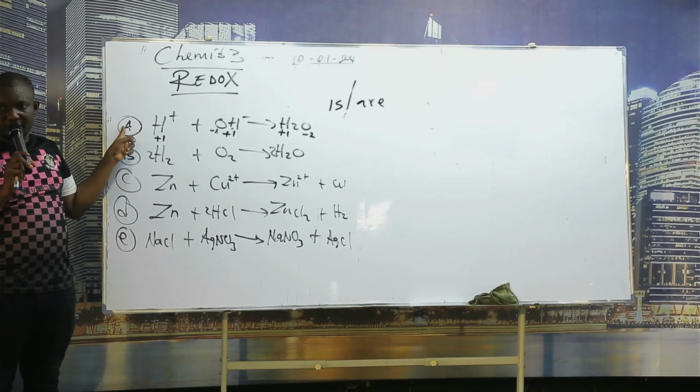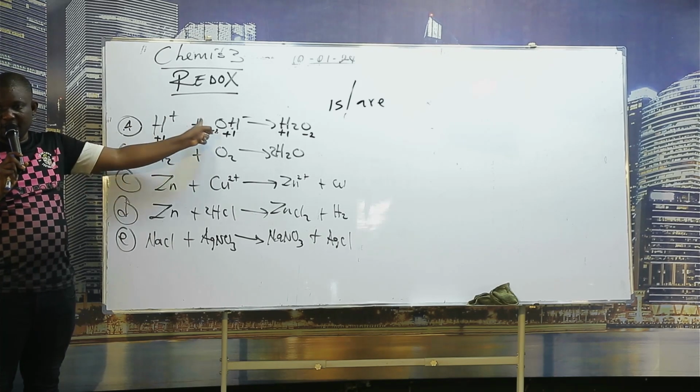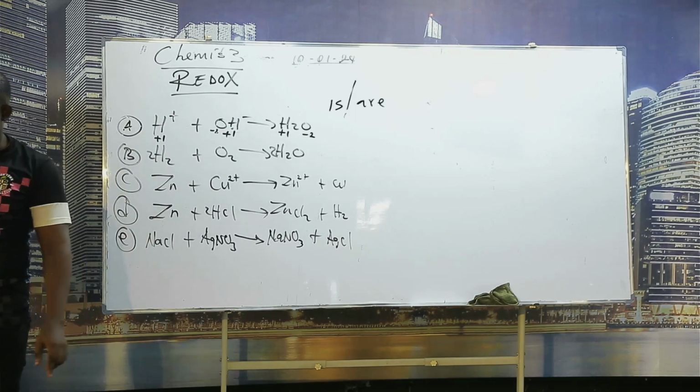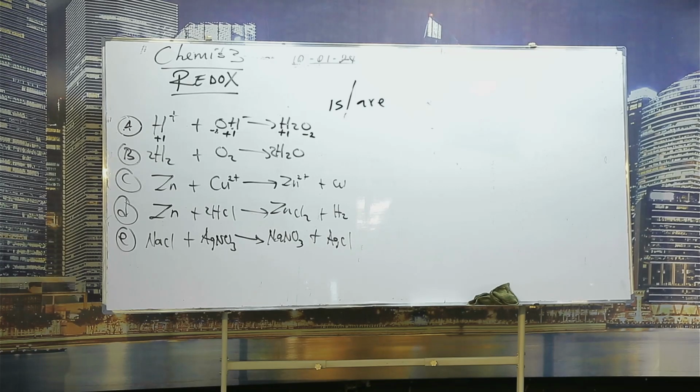A pH less than 7 is acid, and greater than 7 is base. So this is an acid-base reaction, a neutralization reaction. All neutralization reactions are not redox. Every reaction where an acid reacts with a base to form salt and water is not a redox reaction. Take notes.